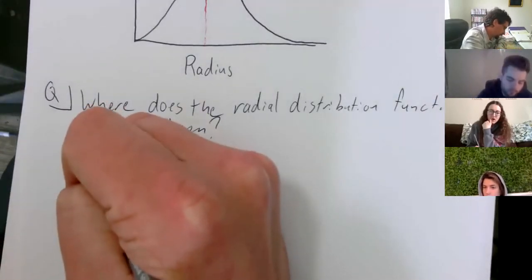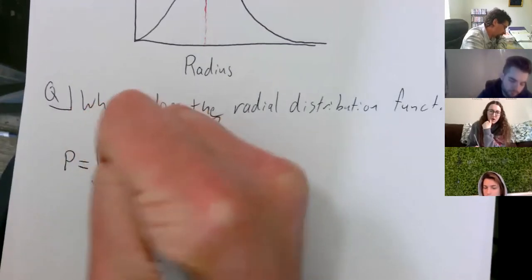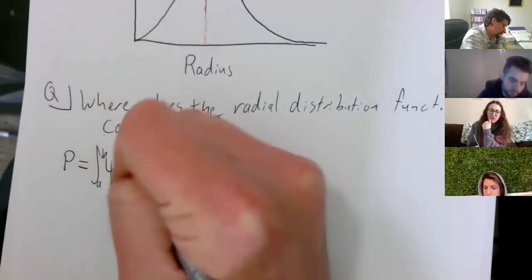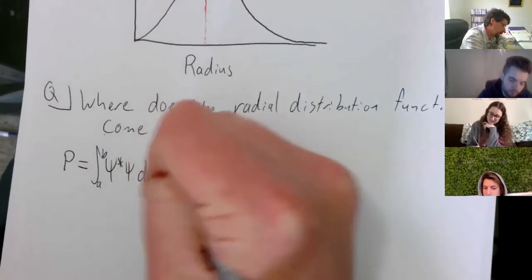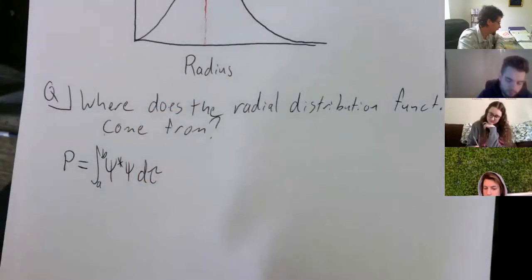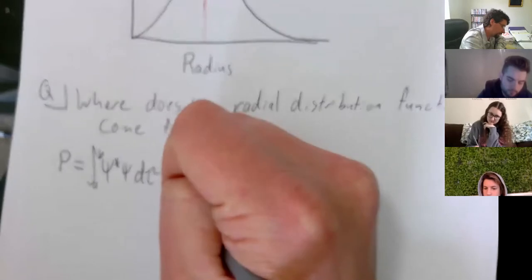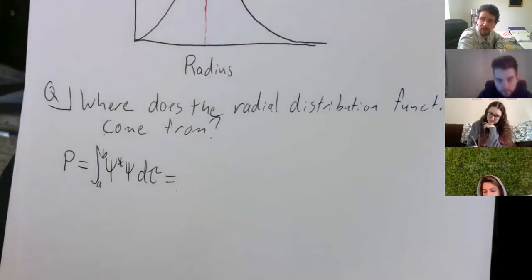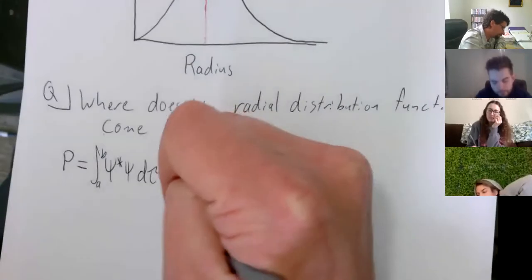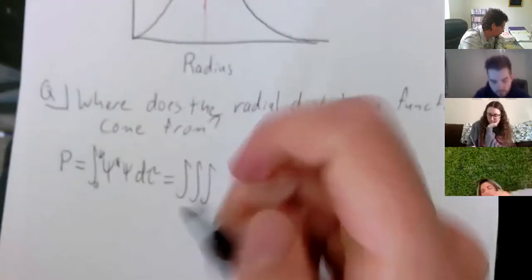Yep, psi star, integral a to b, psi star, psi, d tau, right? Okay, we've done this before. For our system, how many integrals do we need? 3. Yep. 1, 2, 3.